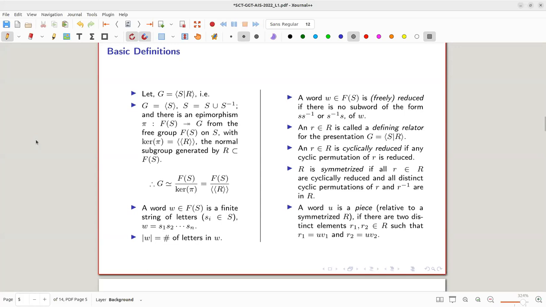The length of W will be the number of letters in W. So W is just like a path. Here we are essentially considering the reduced word W and counting the number of letters in it.